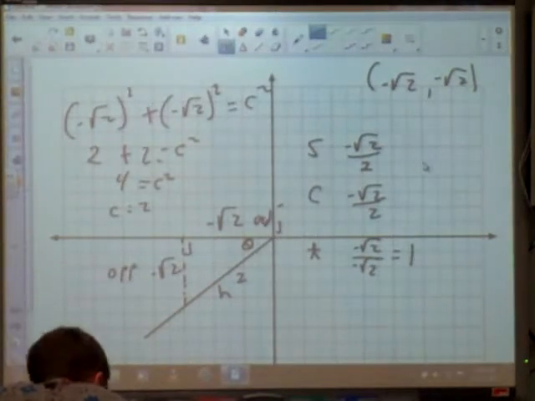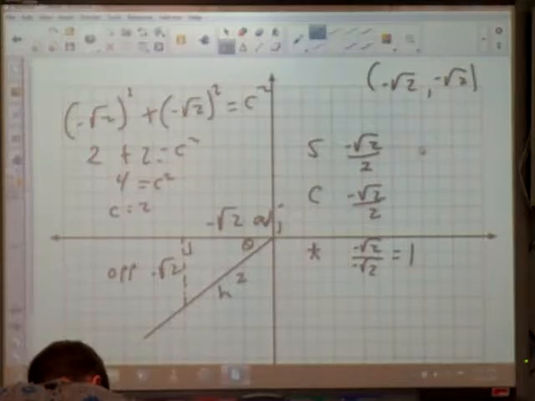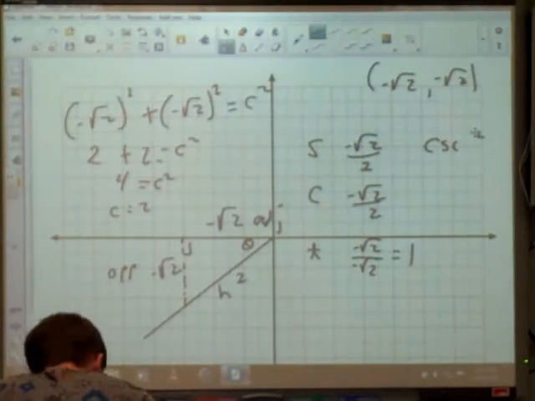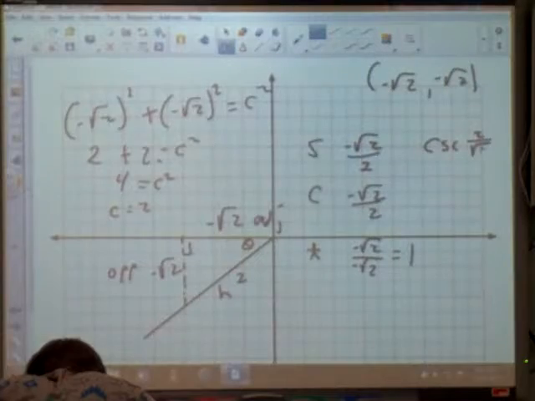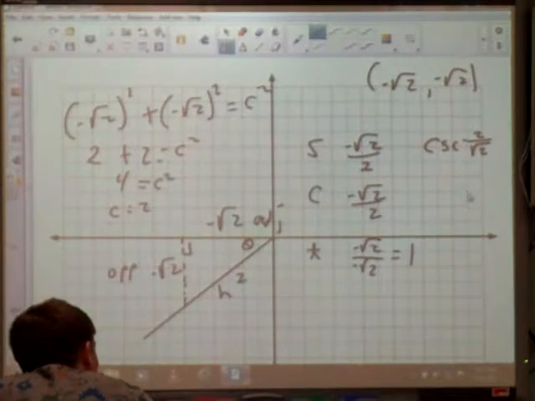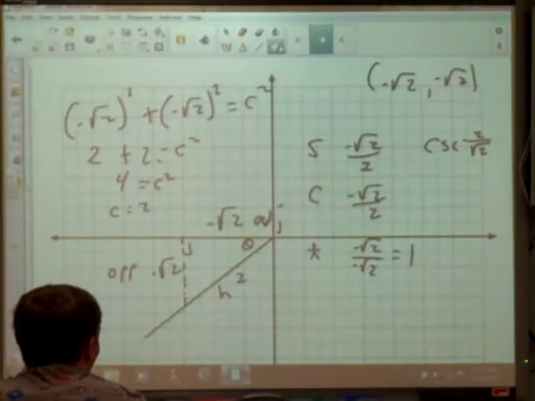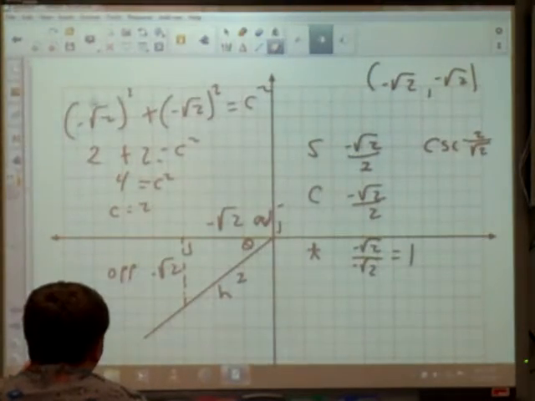Alright, now when we start taking the reciprocals here, this is where you're going to get the radical on bottom, and we got to do a little bit of work. Reciprocal of sine, cosecant, would flip that to 2 negative over square root of 2, and it's negative. Tell you what, I'm going to write it as negative 2 over square root of 2. The negative just has to go somewhere.